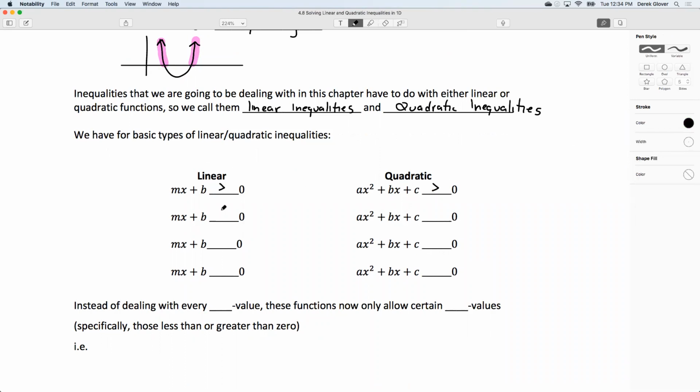We could have greater than or equal to. We could have less than. Or we could have less than or equal to. Okay, and we've just got to be careful that if there's this equal sign below, that includes a specific point. If the equal sign is not below, then it's everything greater than or everything lower than a specific point.